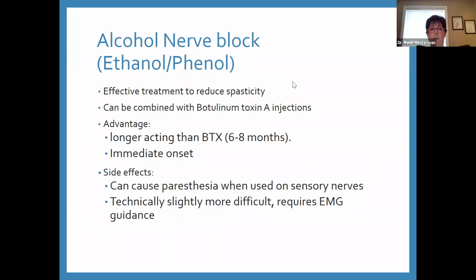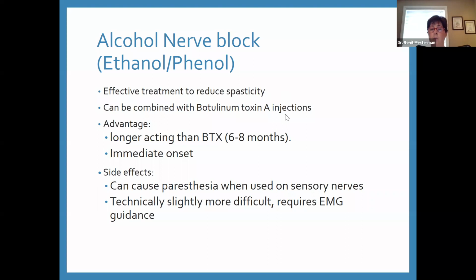We at McMaster are using it as a bit of a complement treatment. So we will still provide botulinum toxin injections as first line. But when we see that the botulinum helps and we're running out of units because there's a mathematical equation of units per kilogram, then we like to combine it with the nerve block.